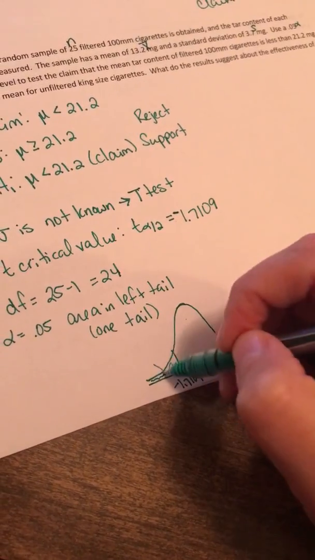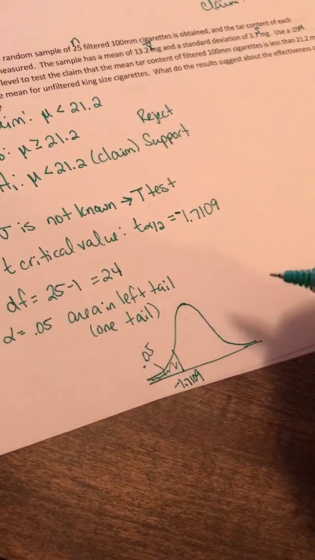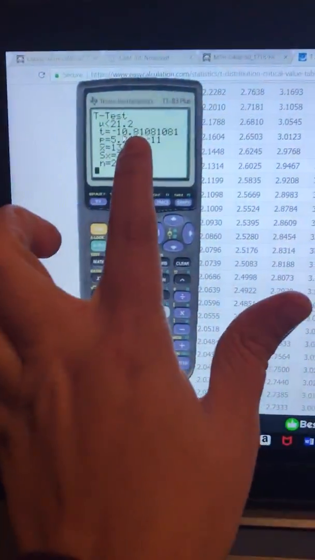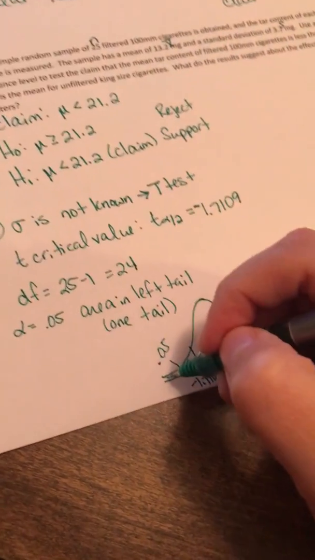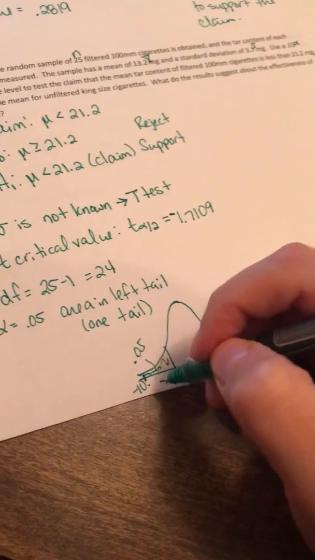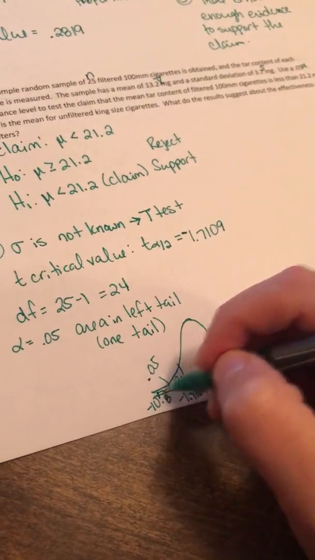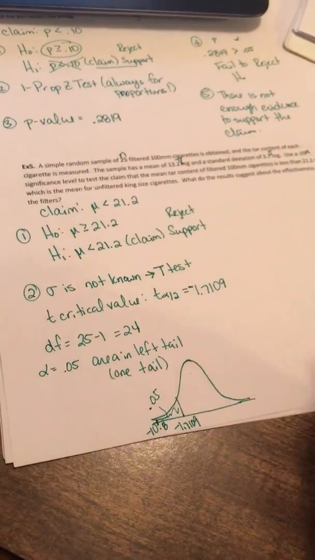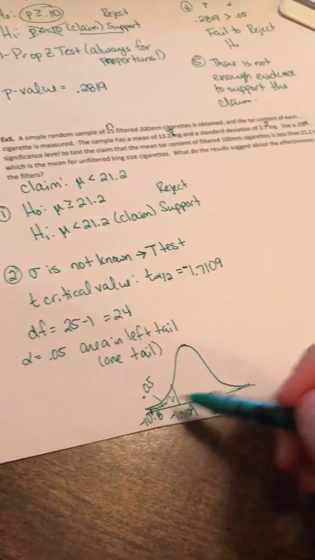Alpha's over here. This is 0.05. That's alpha. Our T value that it gave us when we did the T-test is here. It's negative 10. This big number down here. Like I said, T is a little bit different. Negative 10 point whatever. Let me just put 8. So it is in the rejection region, so you are going to reject. So that's one way to do it.